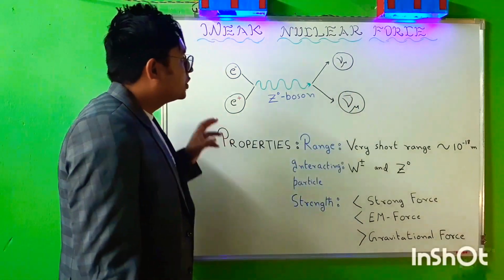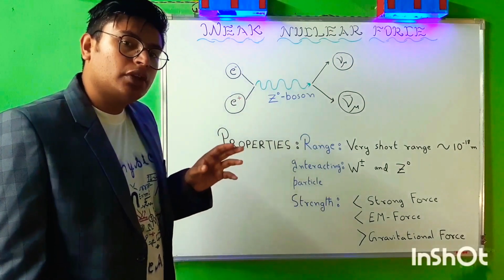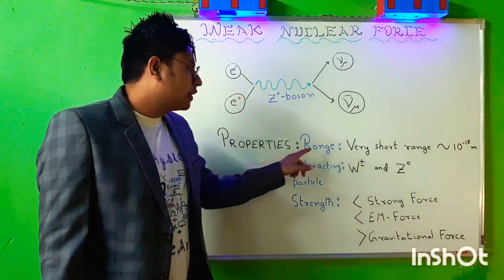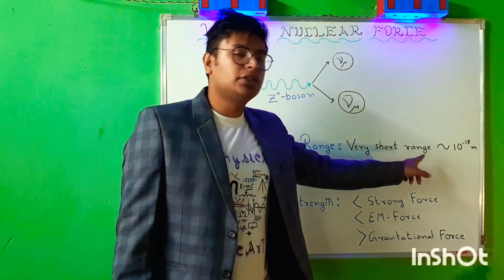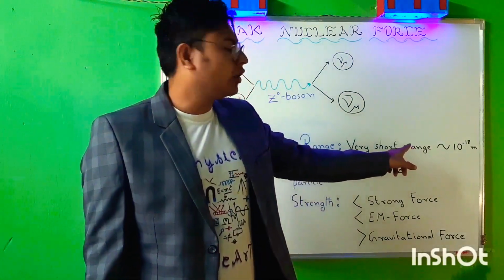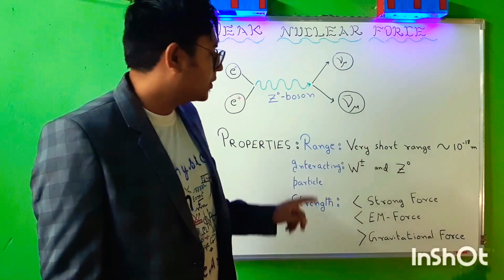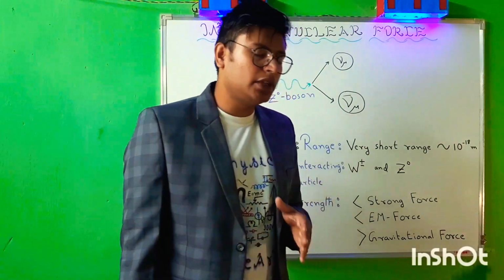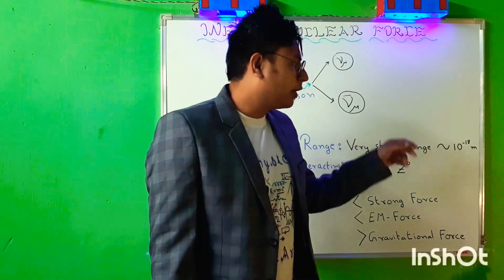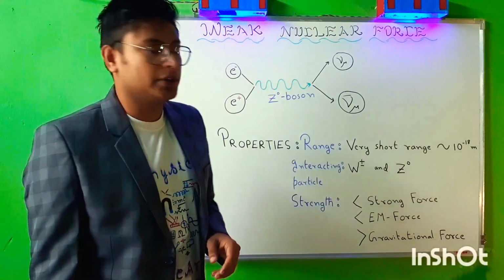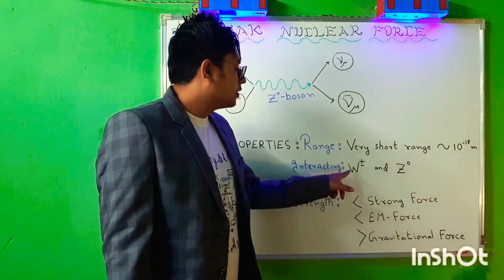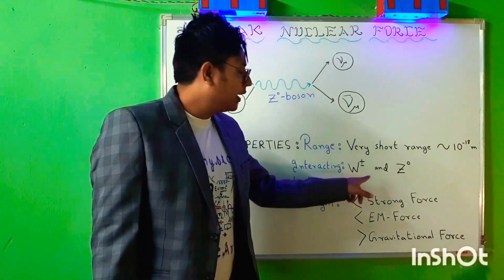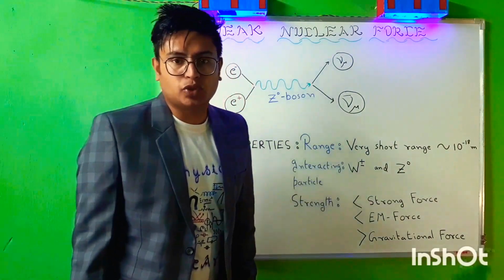So this was your weak nuclear force, and the properties are: the range of the weak nuclear force is very short range, just like in the case of strong force. Even in this particular case it is a very short range, about 10 to the power minus 18 meters. The interacting particle, as I said, is the plus-minus W boson and the Z0 boson.